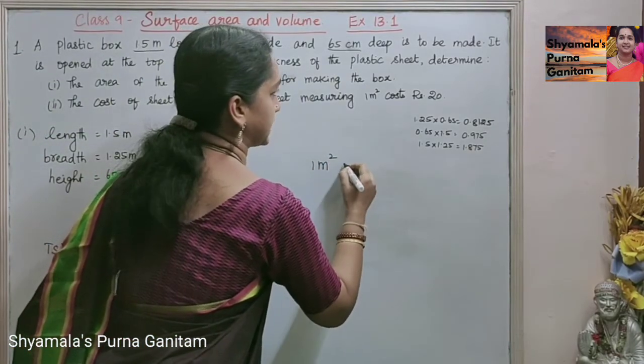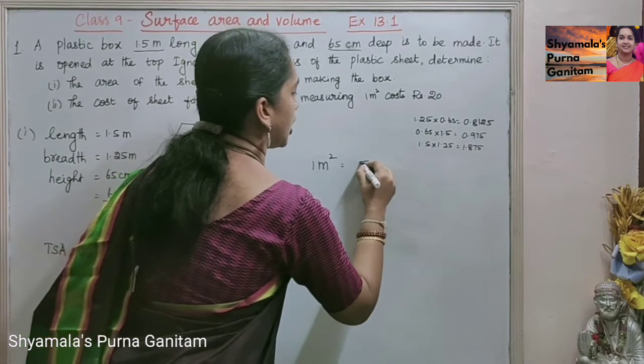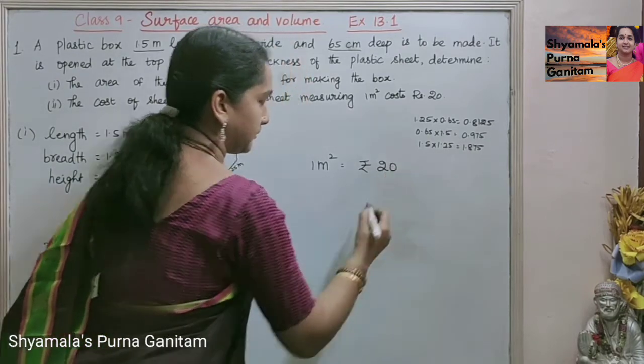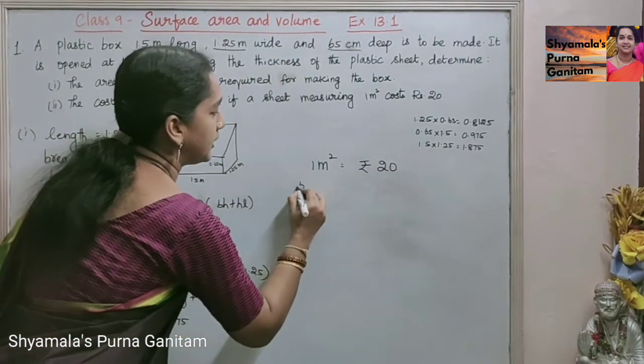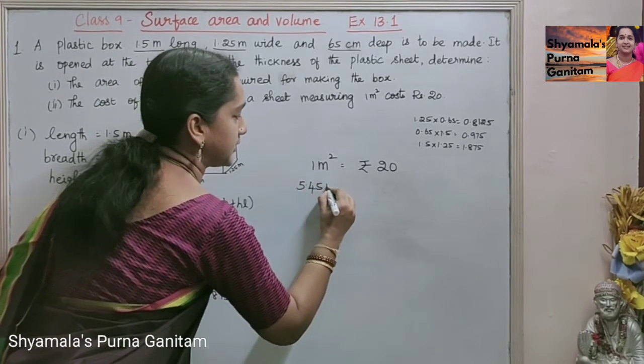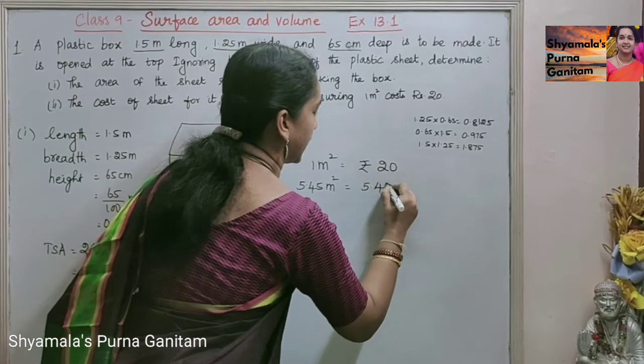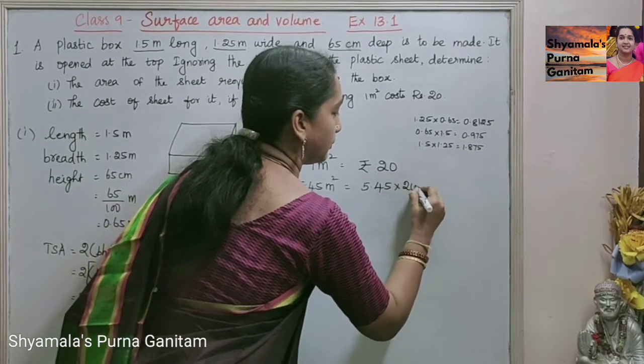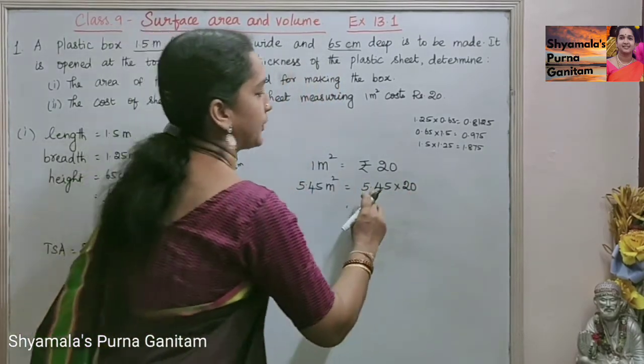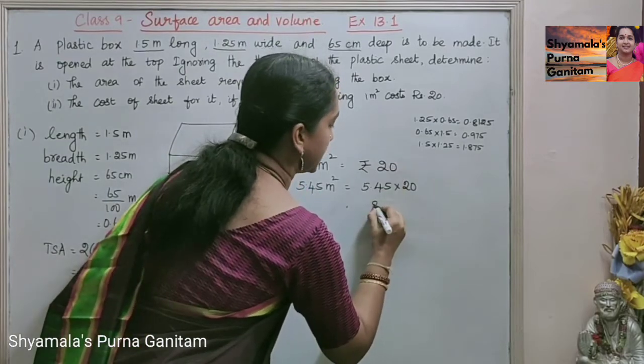For 1 meter square, the cost is rupees 20. So for 5.45 meter square, the cost will be 5.45 into 20 rupees.